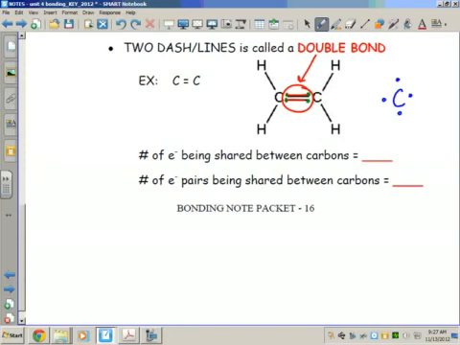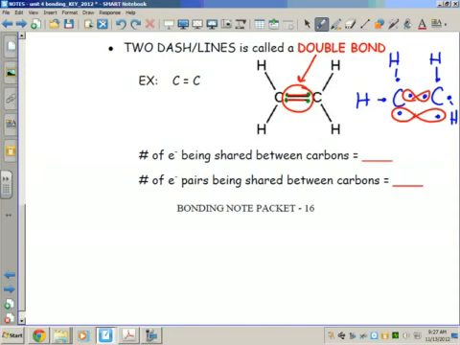That means it can form 4 bonds. And when you have 2 carbons next to one another, that would illustrate two shared pairs. In this case, hydrogens filling out the rest.